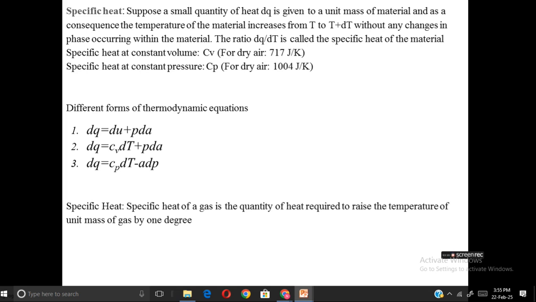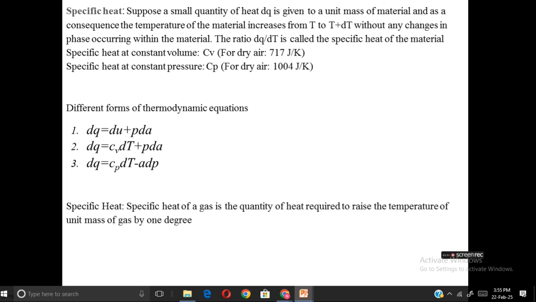That is, there is no change of phase like from water to ice, or solid to liquid, gas to liquid. No phase changes are occurring. The energy that is being supplied is just used to increase the temperature of the material. So the ratio dQ by dT is called the specific heat of the material.